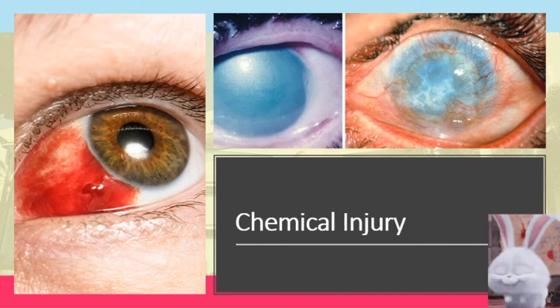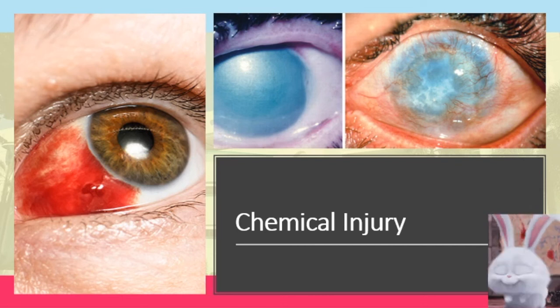Okay, then before that, I would like to talk about the possible signs and symptoms that could occur in your chemical injury. So they may appear as superficial punctate keratopathy. So class, when I say superficial punctate keratopathy, that is usually related to the death of small groups of cells, especially in the cornea.